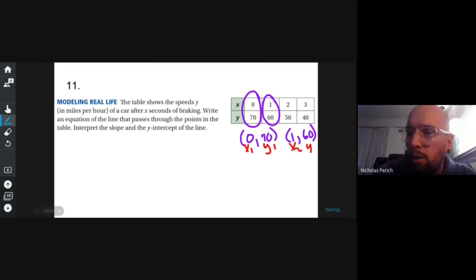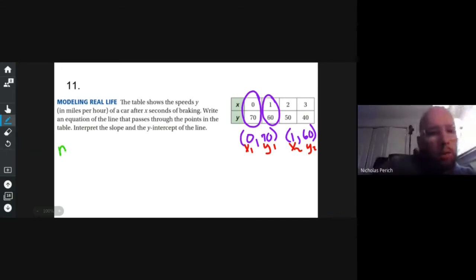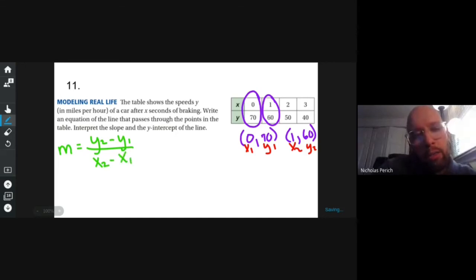X sub 1, y sub 1, x sub 2, y sub 2. Your slope formula, m equals y sub 2 minus y sub 1 over x sub 2 minus x sub 1. I called y sub 2 60, minus.